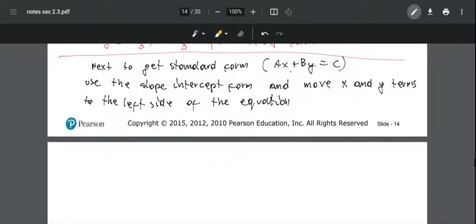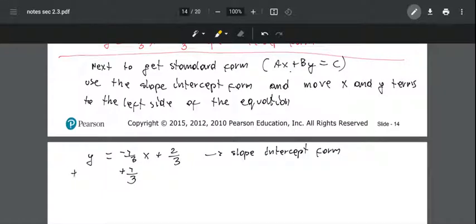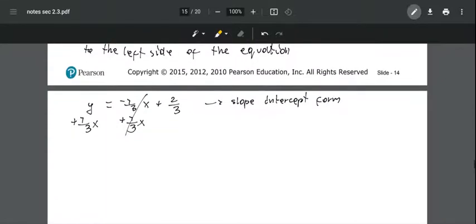Slope-intercept form is y equals negative 7 over 3 x plus 2 over 3. So I need to move x and y to the left side. I will add 7 over 3 x to both sides, and that will be 7 over 3 x plus y equals 2 over 3.